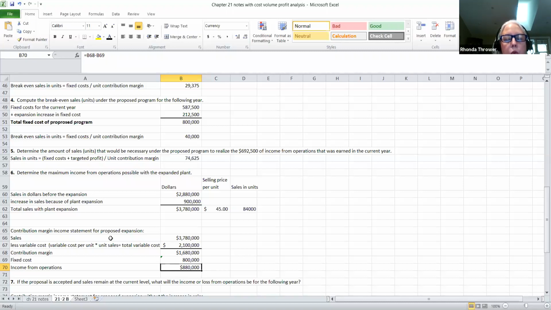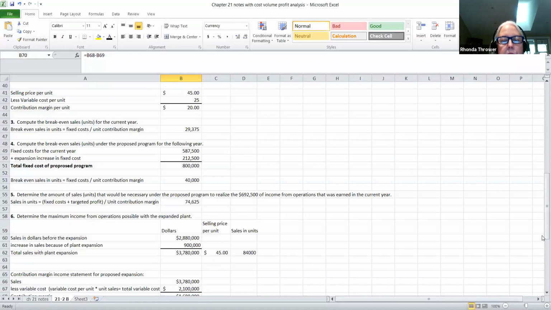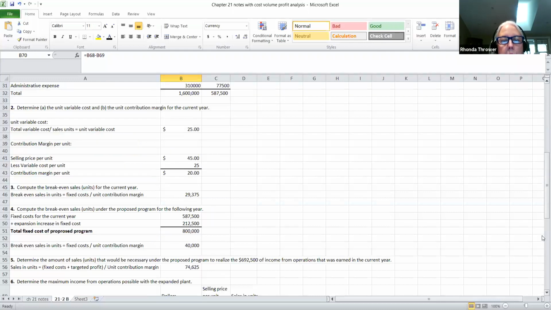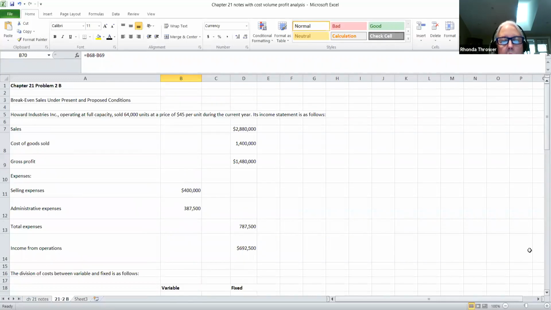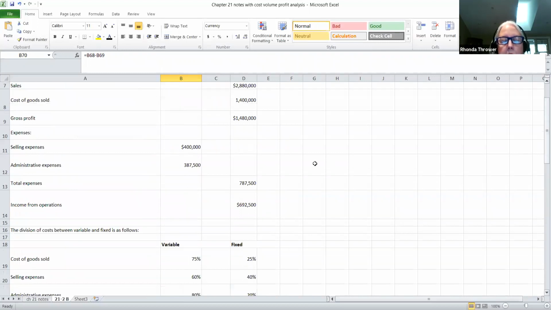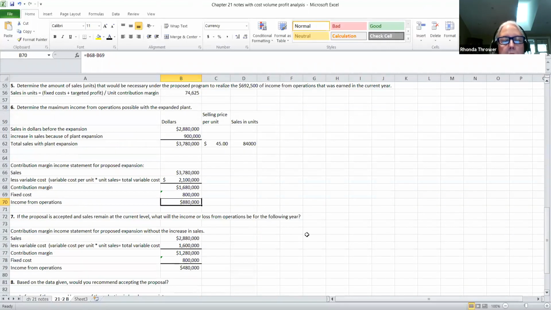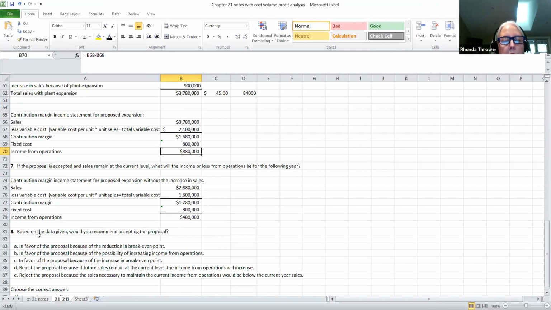This is what management would use to help them determine whether or not they need to expand the plant. How would it affect their income from operations? Their income from operations would change to $880,000. Before it was $192,500. And now we think that we could get more income off of that plant expansion.